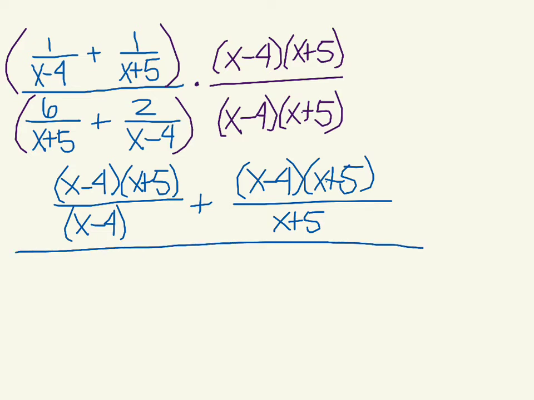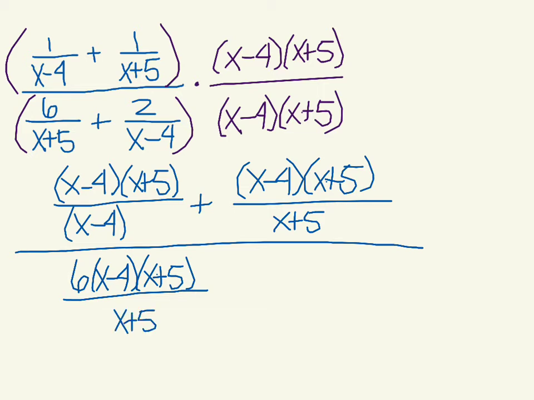Now I do the same thing on the bottom. So I'm going to multiply the x minus 4 onto this one, and that's going to give me 6 times x minus 4 times x plus 5 over x plus 5.